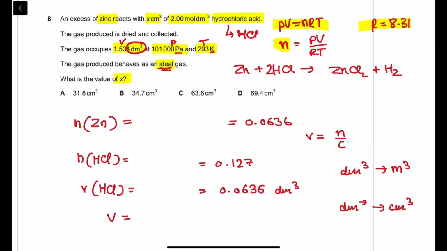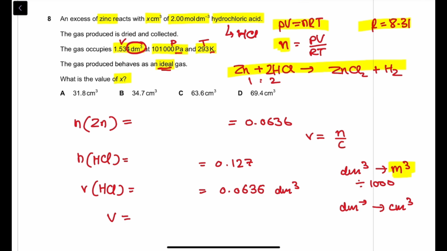It's in decimeters cubed, so to go from decimeters cubed to meters cubed, the way it should be, you're going to have to divide by 1,000. So we just need to keep that in mind while we're solving. So if we take a look at the equation here, 1 mole of zinc reacts with 2 moles of hydrochloric acid to form zinc chloride and hydrogen.